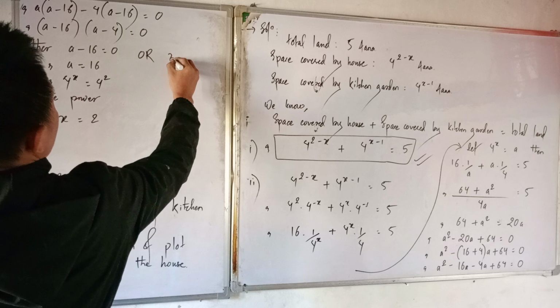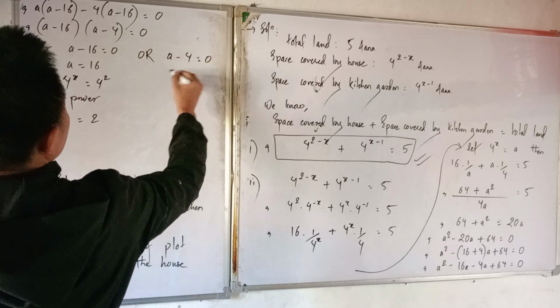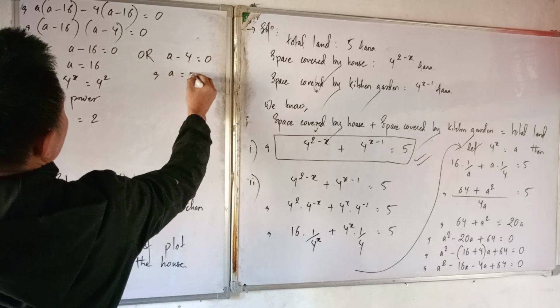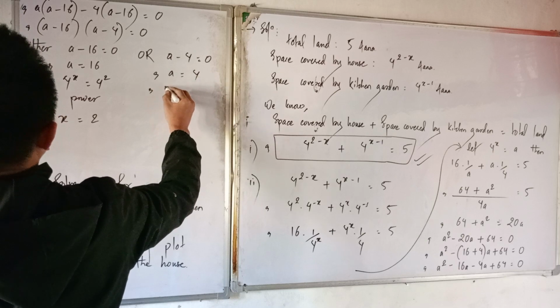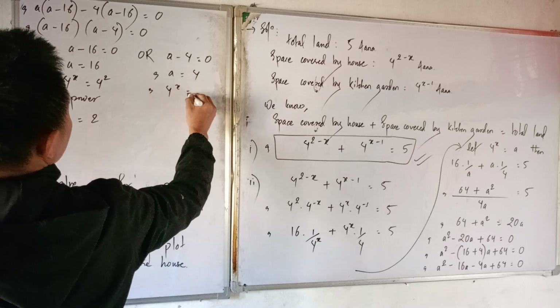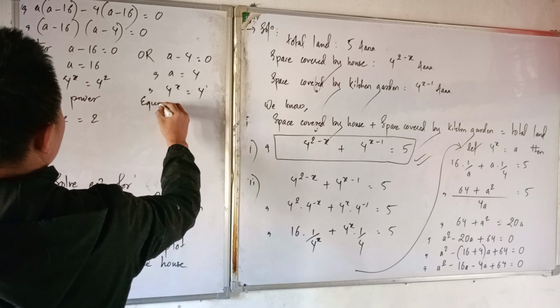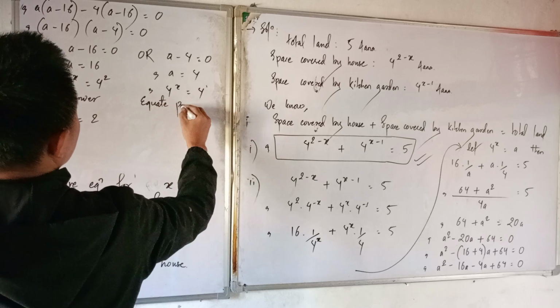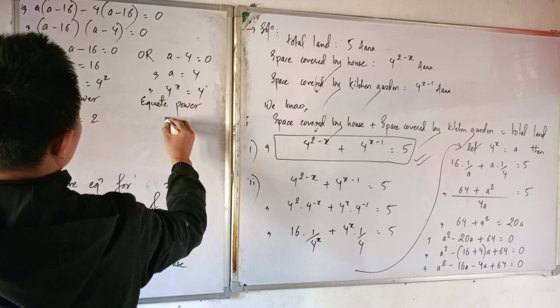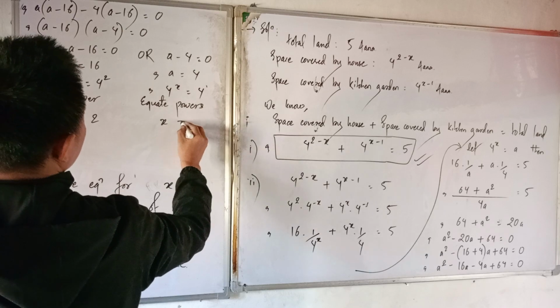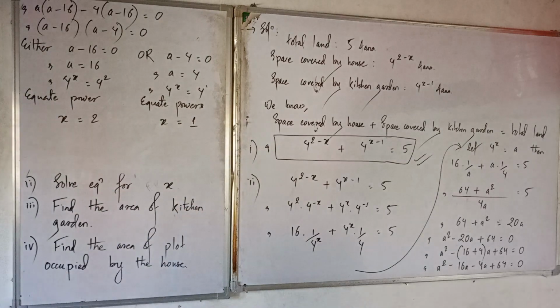Or a minus 4 equals 0, or a equals 4. Replace back the value of a by 4 power x is equal to 4. Nothing means 1 there. Equate powers, we get x equals 1.